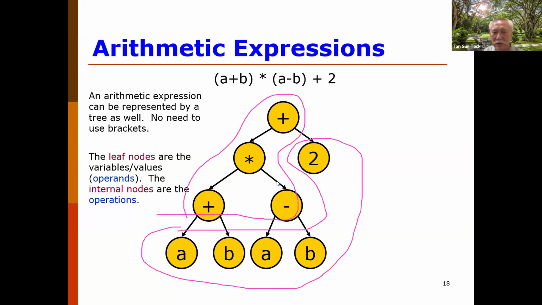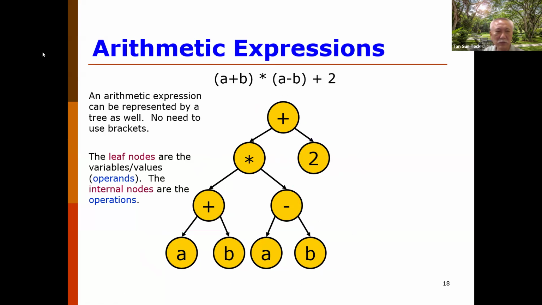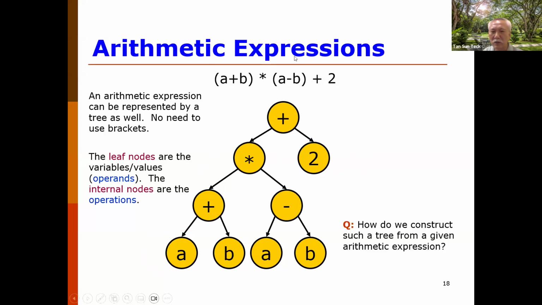All right, so I was asking this question, how do you construct this? So by observation, we know that the root node must be the last operation that you want to perform. Okay, so in this expression, we want to make sure that plus is actually the last operation that we want to perform.